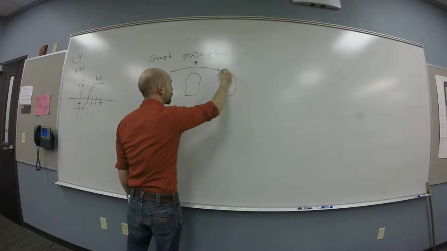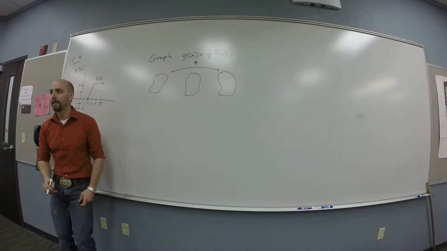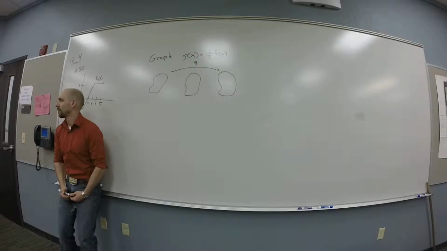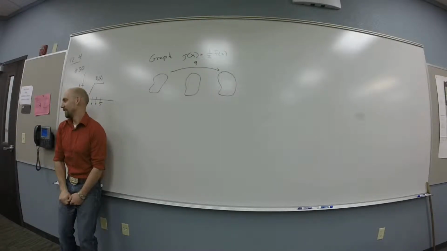G's got two steps. What are they? Yeah, there's a half, and then there's f. You see that? Which one comes first? F. Why?